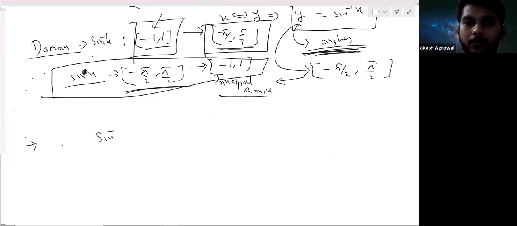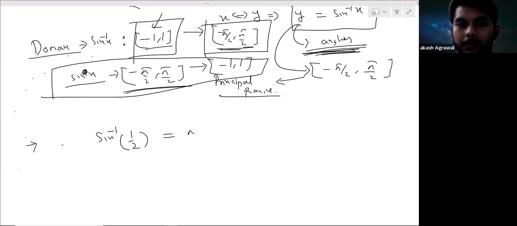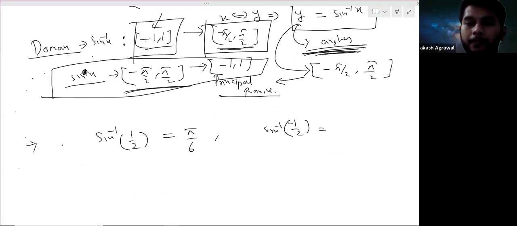So if I ask what is sine inverse half? Pi by 6. And sine inverse minus half? Minus pi by 6. This way you can calculate all the values.